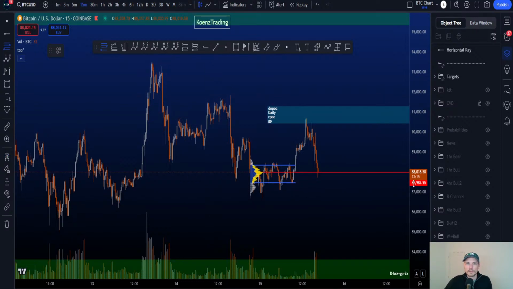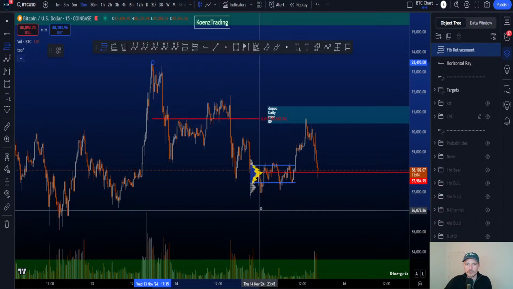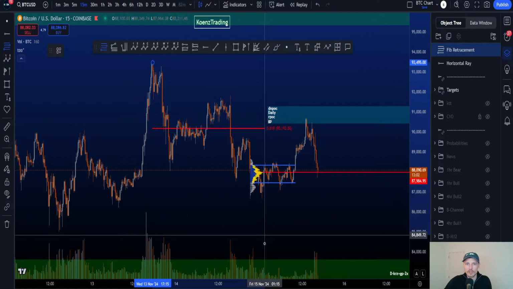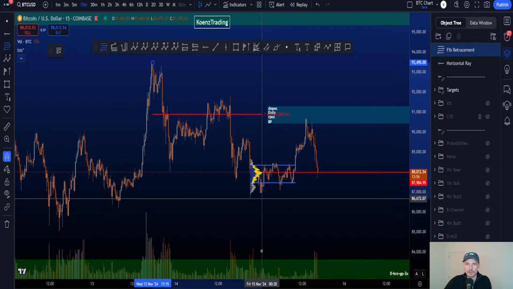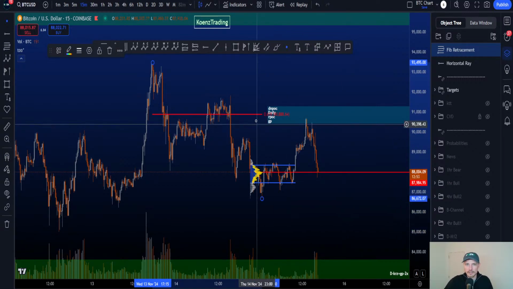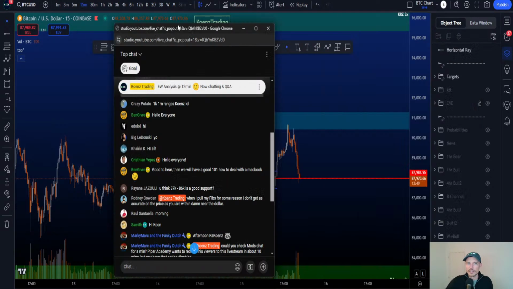So when I pull my fibs, I click on the fib, I move my cursor to the correct candle, I press control, and then I click. And then I go down, and I don't need to put my cursor here on the low. I just need to select the correct candle and then press control. And you can see it automatically connects to the low of the candle, and then I just click again. That is what I use when I pull my fibs there.